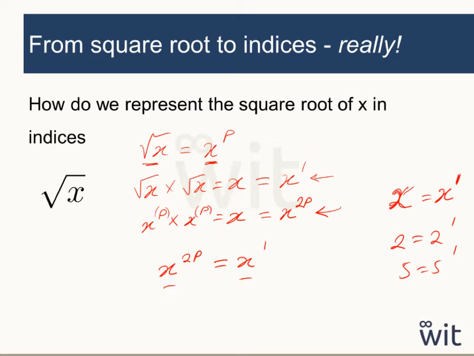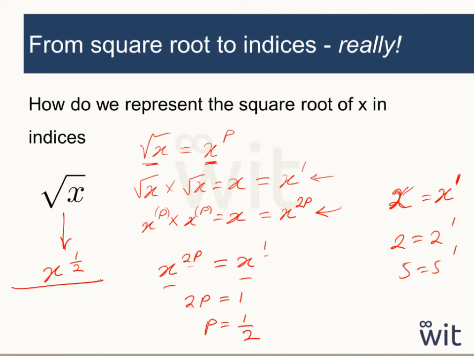Since we have the common variable x, we can equate the powers together. So 2p will be equal to 1, and therefore p is equal to 1 over 2. That means that the root of x is equal to x raised to the power 1 over 2.